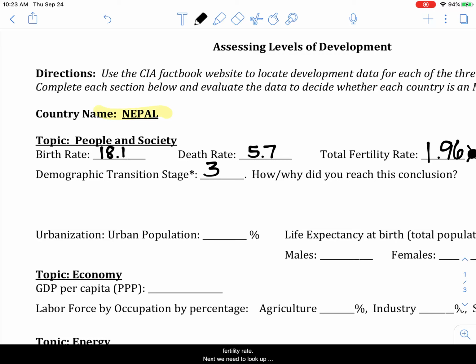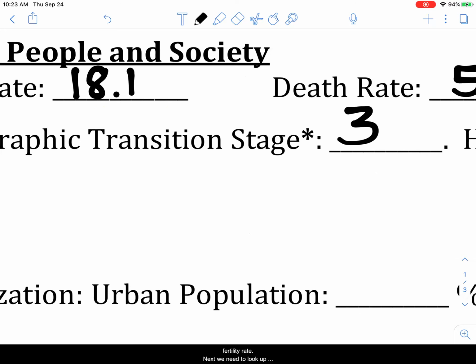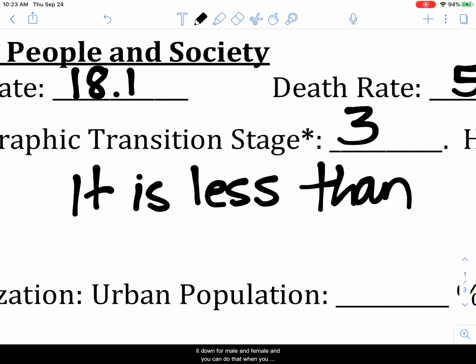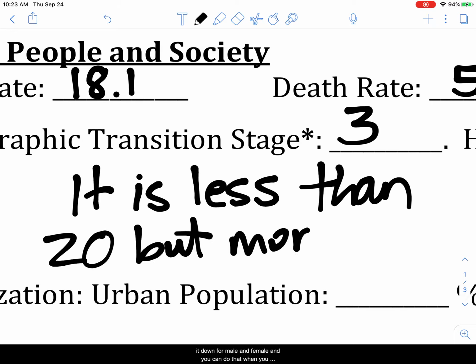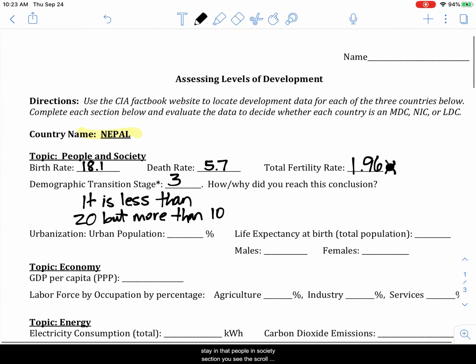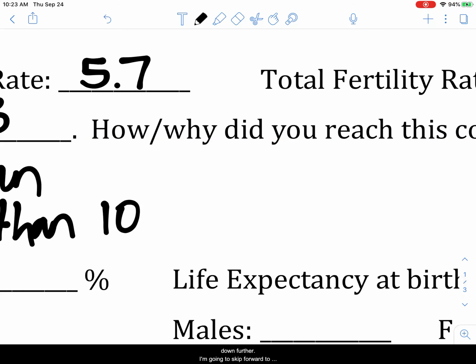So I reached the conclusion because it is less than 20, but more than 10. Maybe I should probably specify that it is the total fertility rate.